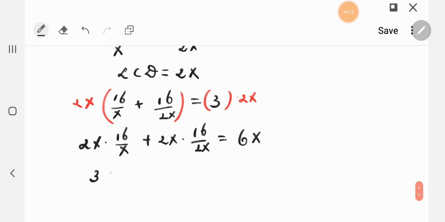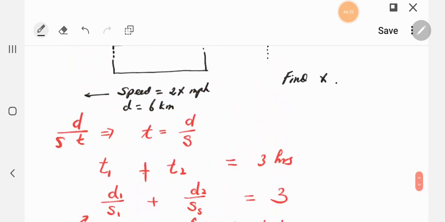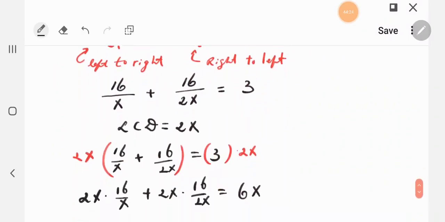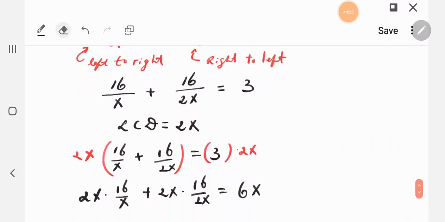Sorry, the distance is 6 kilometers, not 16.